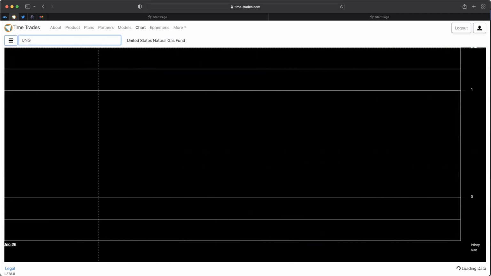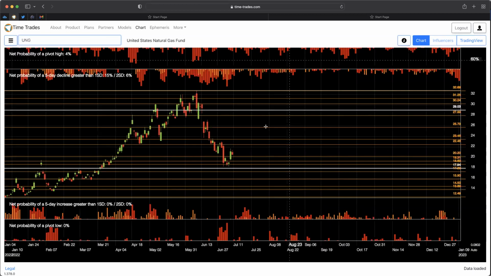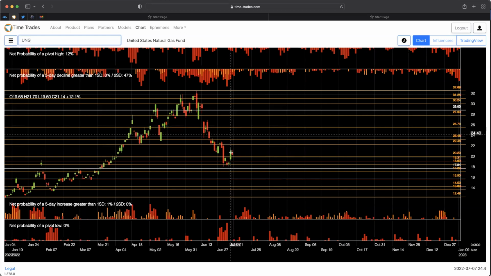And next up, let's look at UNG. So I've been tweeting about UNG here, and there's a very nice cluster of 2 standard deviation moves up coming next week. So right now I am long UNG, anticipating this forecast here.